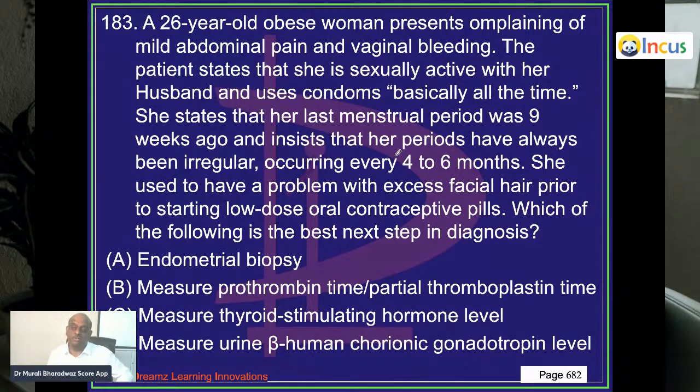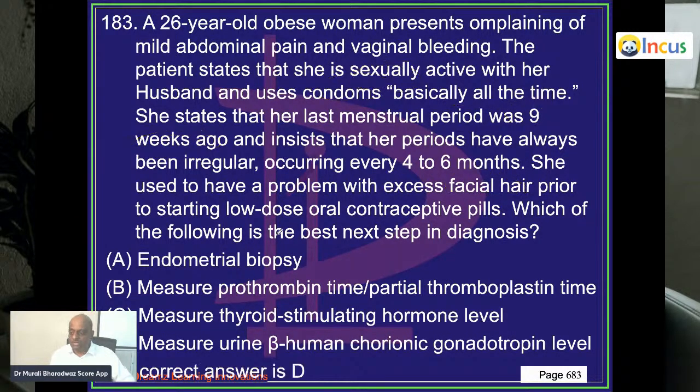26-year-old obese, mild abdominal pain, vaginal bleeding. She is sexually active with her husband, and he uses condoms all the time. Her last menstrual period was 9 weeks ago. She is having excess facial hair.